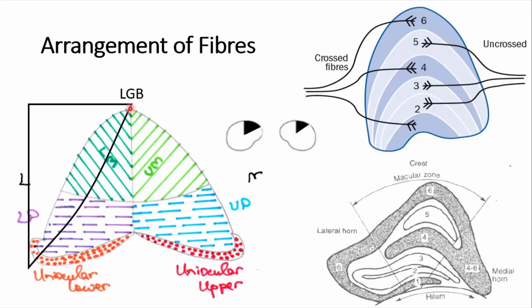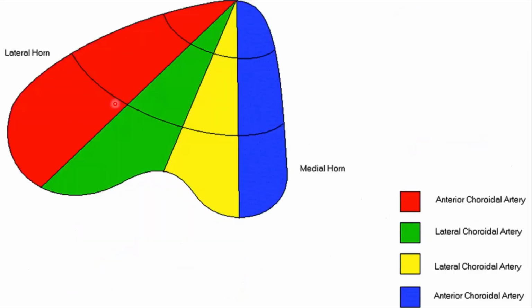Okay. So with this context, we'll understand the blood supply of the lateral geniculate body. The lateral geniculate body is supplied by two blood vessels, the anterior choroidal artery and the lateral choroidal artery. The anterior choroidal artery supplies the outermost aspect and the innermost aspect, and the lateral choroidal artery supplies the middle part of the lateral geniculate body.